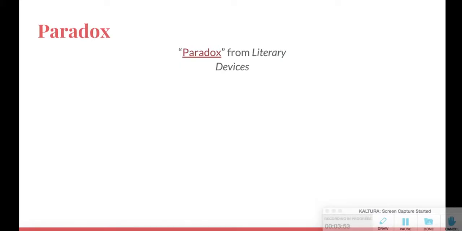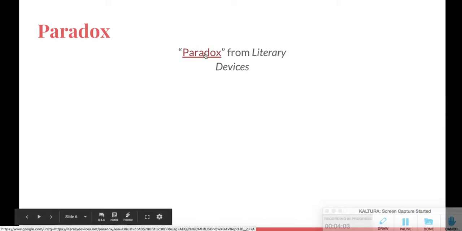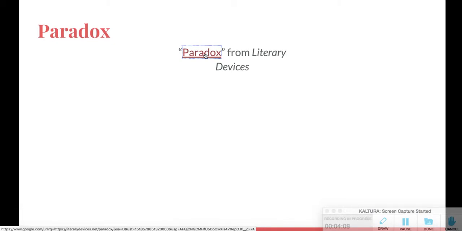Paradox is a literary device that appears as a statement or theme that, at first, doesn't seem to make sense since it brings together two opposing ideas. Let's look at a few examples of paradox in literature from the website that we've been using for literary devices.